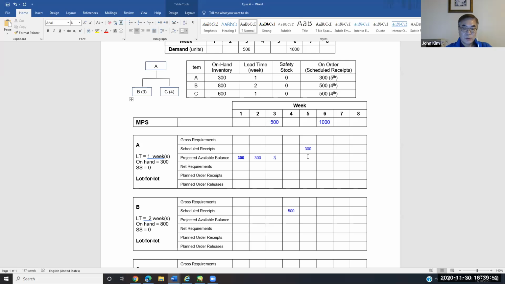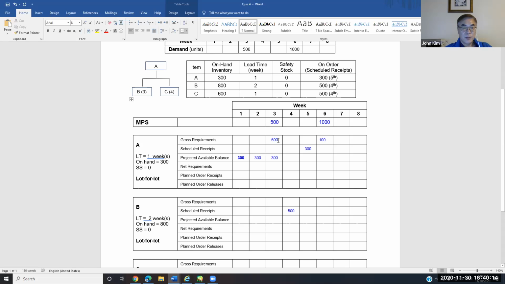No change. Up to this point, by the way, this one 500 and 1000 from MPS. So up to this point, no change.